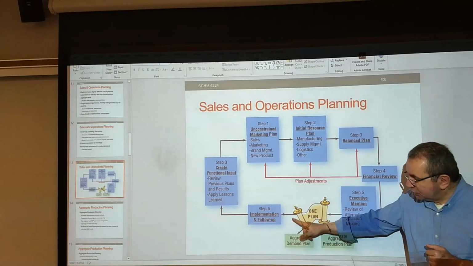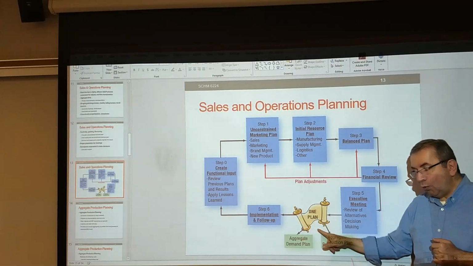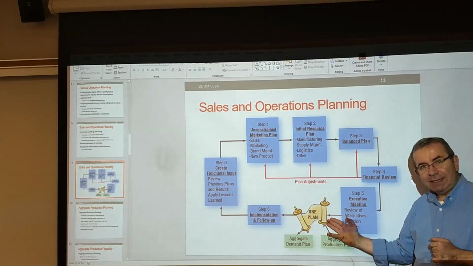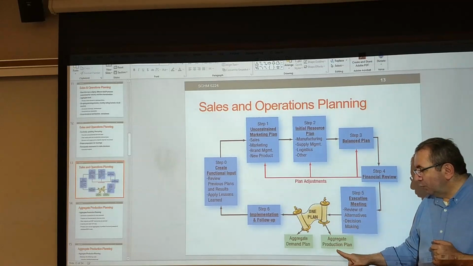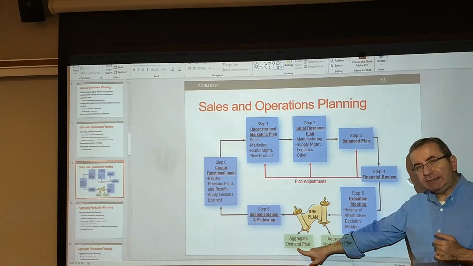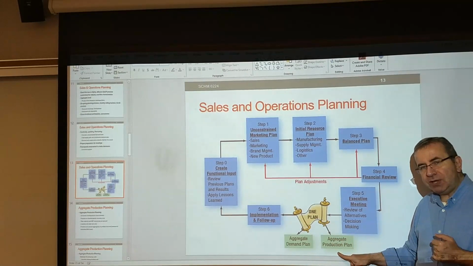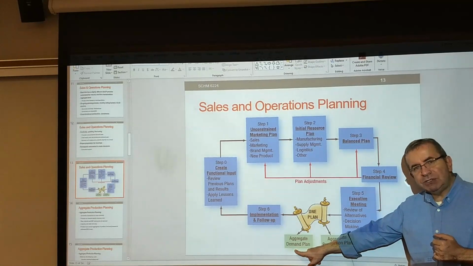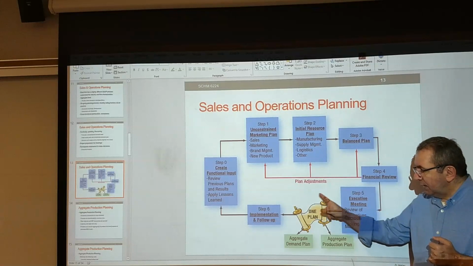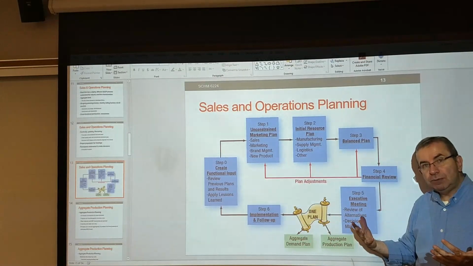So, in order to reach these goals, in order to implement this plan, okay, this is what production needs to do, and this is what marketing needs to do. This is the marching orders for production. These are the marching orders for marketing, okay? So they have agreed on this plan. This is their common goal.